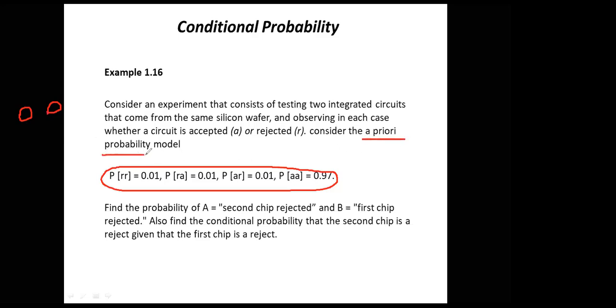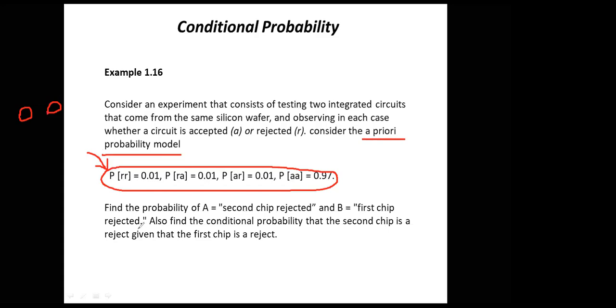This is before the experiment is done. From our previous experience, we have seen that if we test two circuits, then the probability of both accepted is 0.97, and the probability of both rejected or a single reject is 0.01. These are the experimental results that we have found from previous cases. That first one is reject and second one is reject is 0.01, then like this.